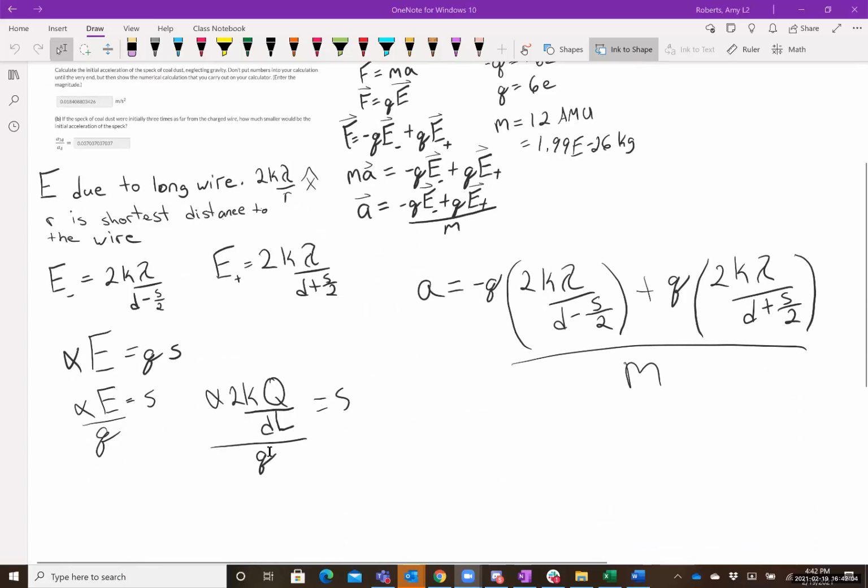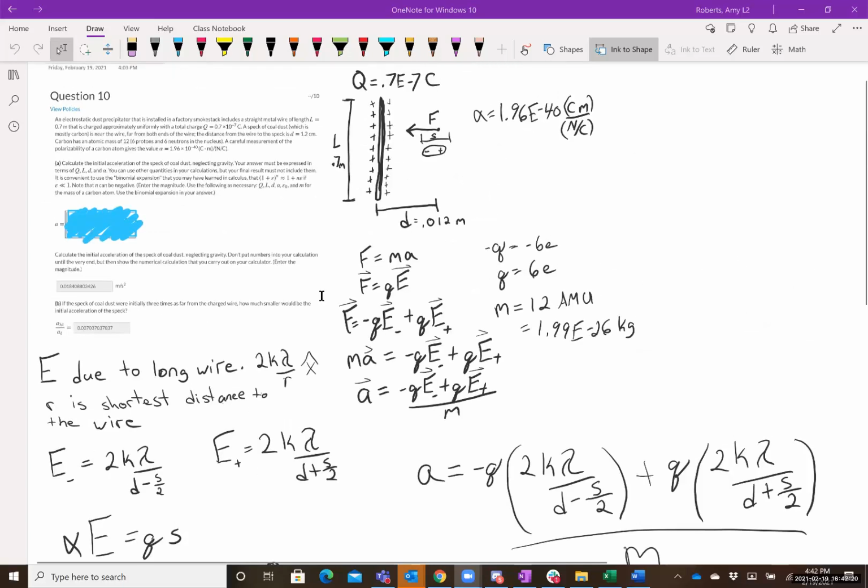Yeah. Right. And q is small. Q is 10 to the negative 19. And 2kq over dl will be something; k is 10 to the 9. But q kind of balances that 10 to the 9 out because you've got that 0.7 times 10 to the negative 7.